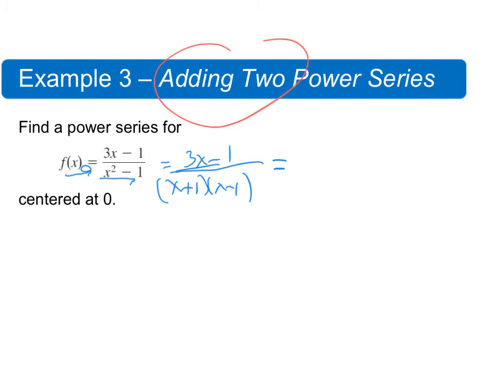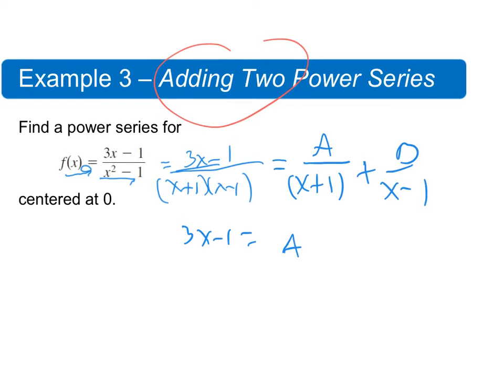So remember how we did partial fractions. We take the numerator and break it up into a over one of the factors plus b over the other factor. Cancel out all the denominators because we're going to multiply both sides by x plus 1 times x minus 1, and that cancels everything. So you're really looking at, do you remember this? 3x minus 1 equals a plus b.